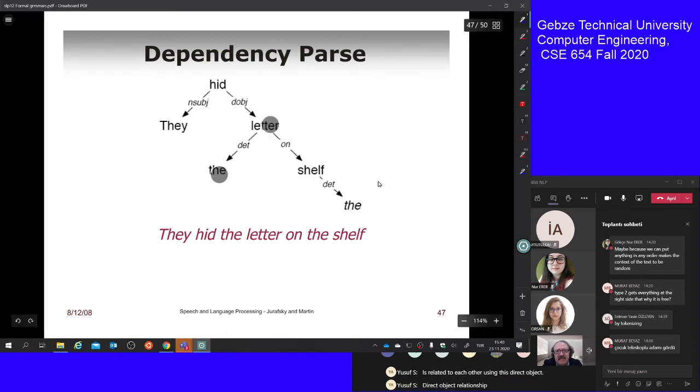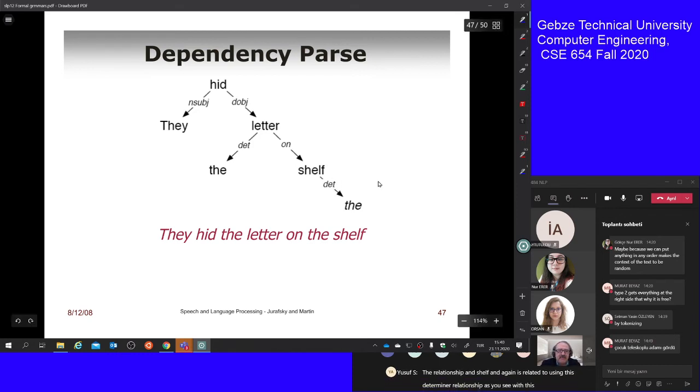Letter and the are related to each other using this determiner relationship. Letter and shelf are related using this on relationship, and shelf and the again are related using this determiner relationship.